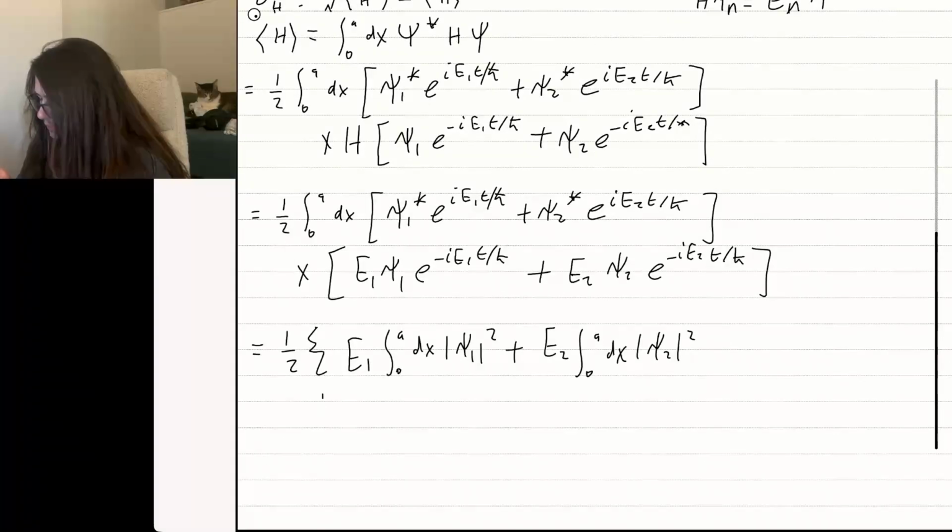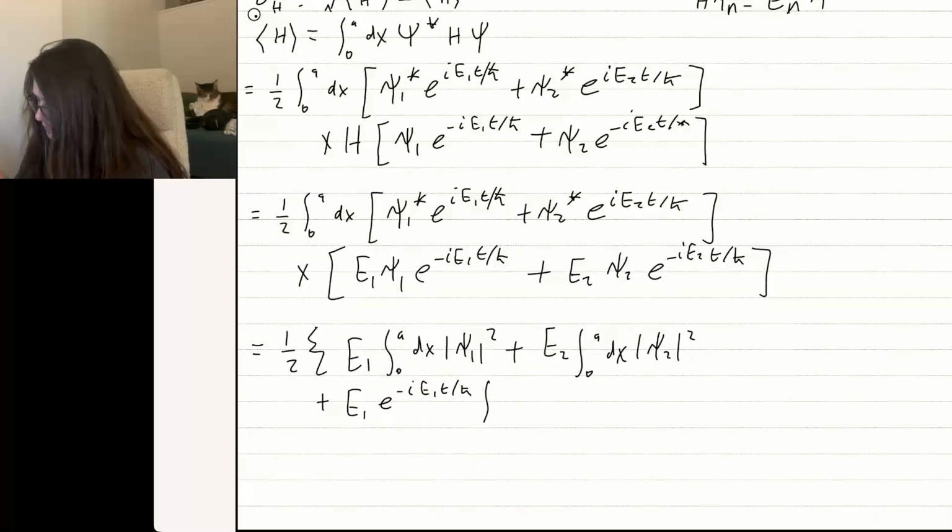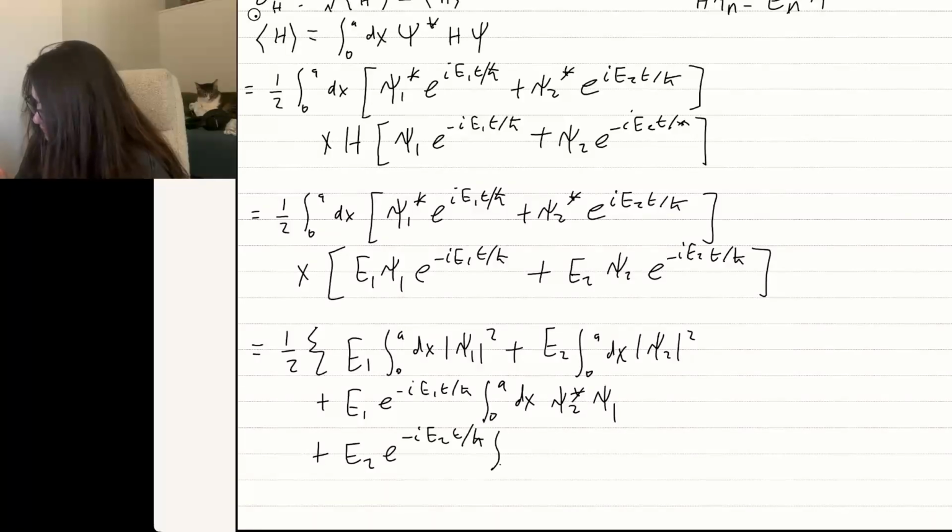And then there's a couple of cross terms: an E1 e to the minus i E1 t over h bar integral from 0 to a dx of psi 2 star psi 1, and an E2 e to the minus i E2 t over h bar integral 0 to a dx of psi 1 star psi 2.